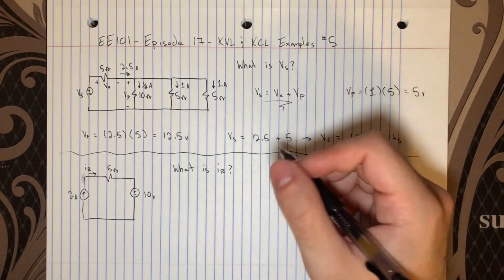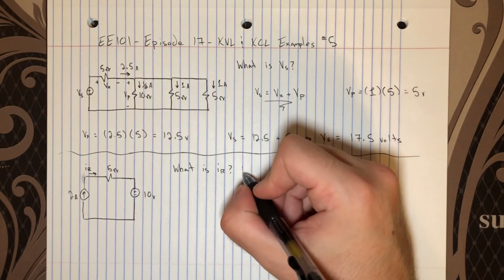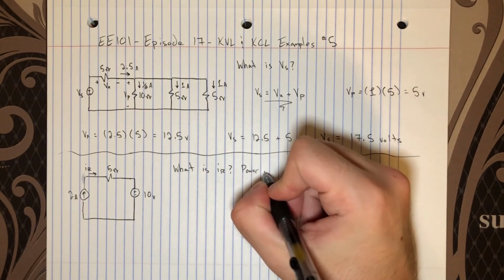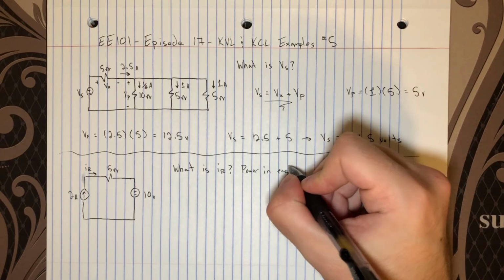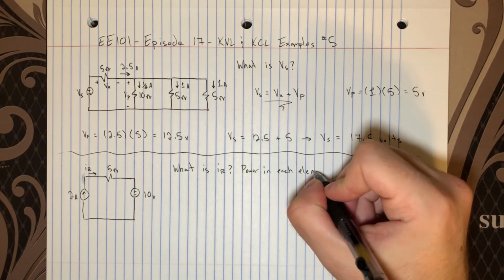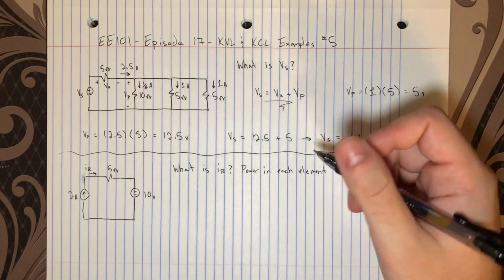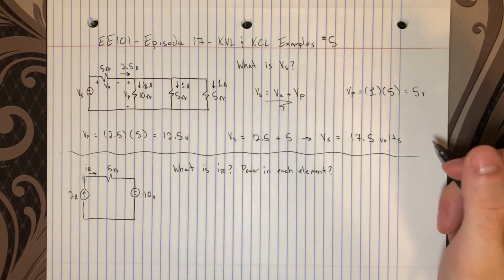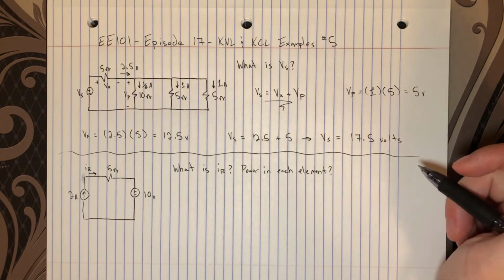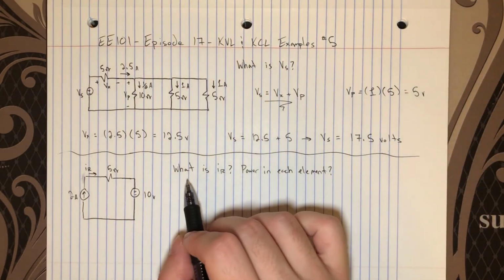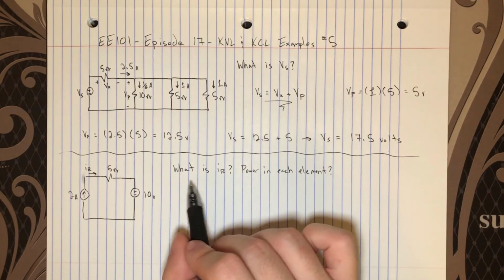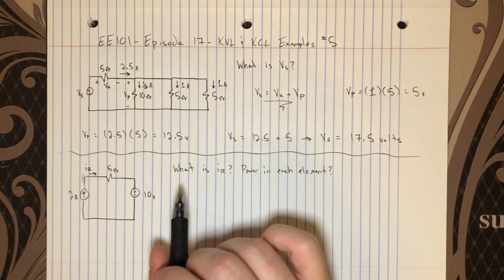And 2, we're going to find the power in each element, meaning what's the power either sourced or consumed in each element. The first question is actually very easy. It's completely trivial if you just look at our definitions.